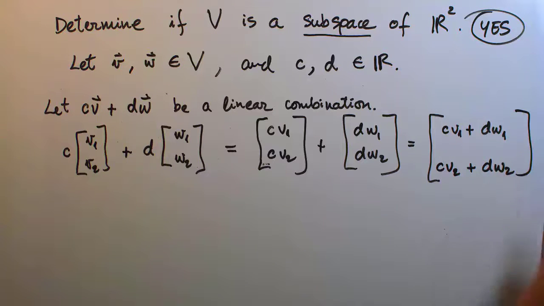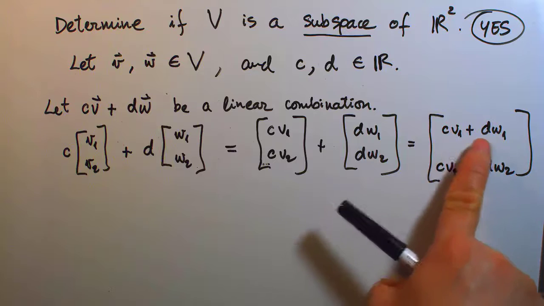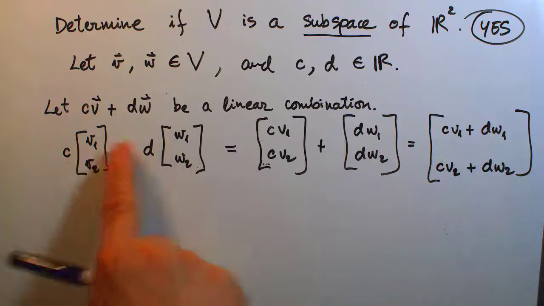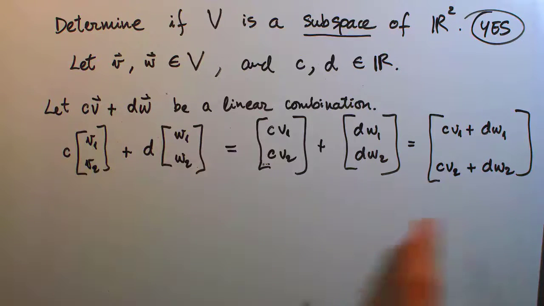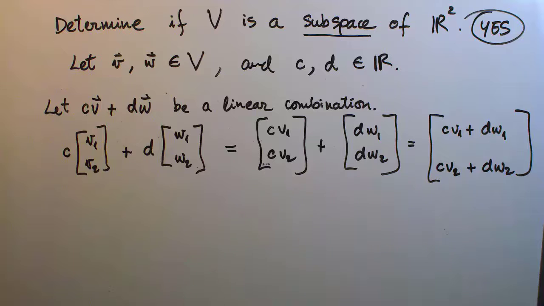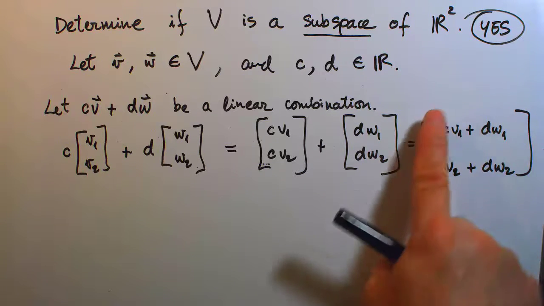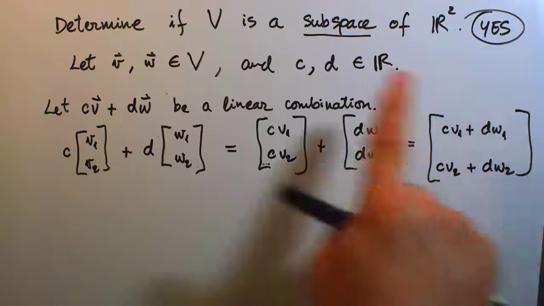And so now this is one vector where the first component is a combination again of these two first components of V and W. And also component 2 of this final vector is a linear combination of second components of V and W. What we want to know now is, will this be a vector also in our set V?